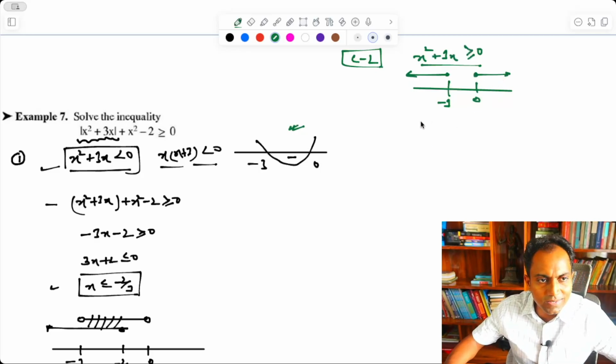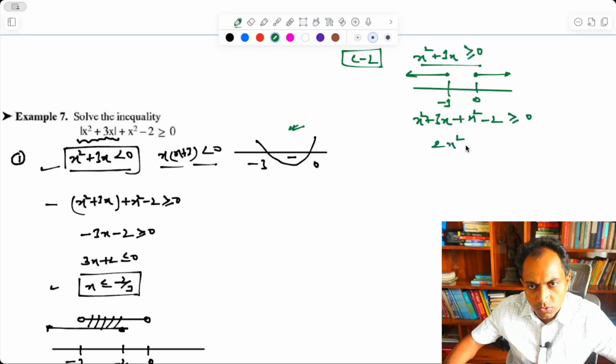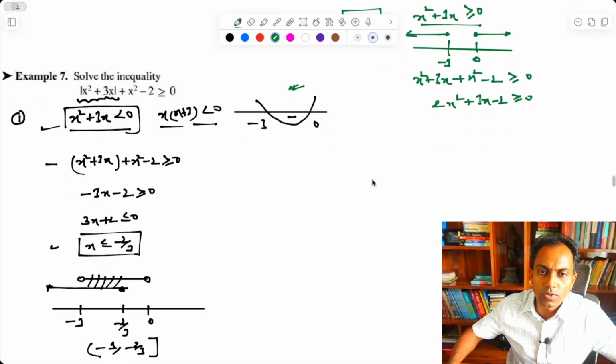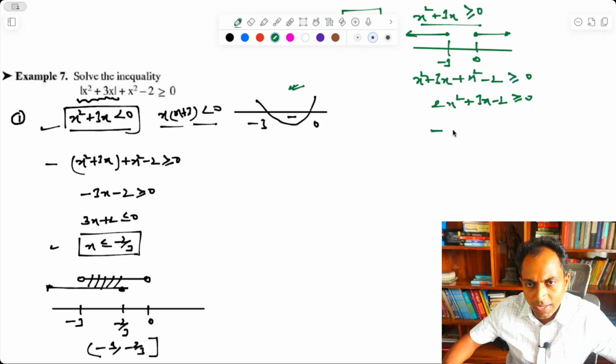Now when we take this, the modulus will open with a positive sign, so x square plus 3x plus x square minus 2 would be greater than or equal to 0, which in turn becomes 2x square plus 3x minus 2 greater than or equal to 0. We will have to figure out the roots of this quadratic. So minus b plus minus root of b square minus 4ac, over 2a.